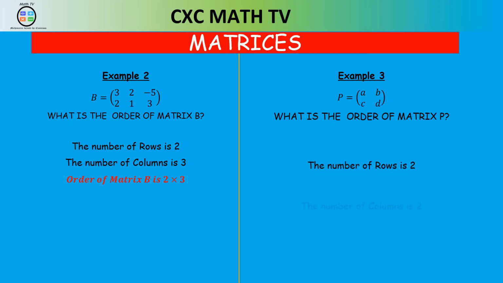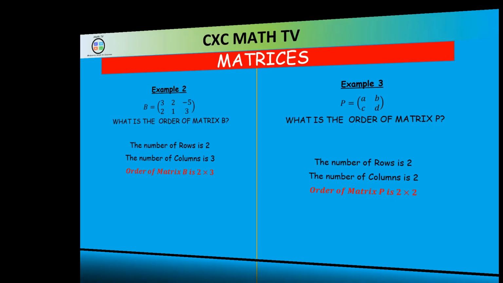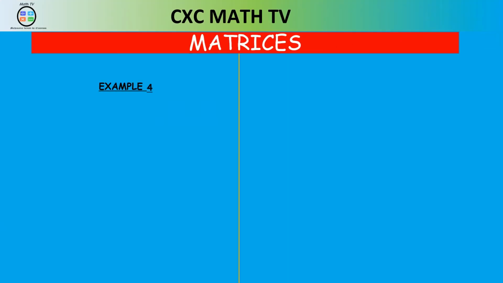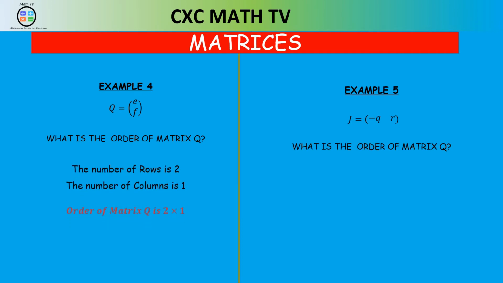And so the order of matrix P is 2 by 2. Let's do 2 more. Example 4. What is the order of matrix Q? Now we see that Q has 2 rows but just 1 single column. So the order of Q is 2 by 1. What's the order of matrix J? J has 1 row but 2 columns. So the order of matrix J is 1 by 2.